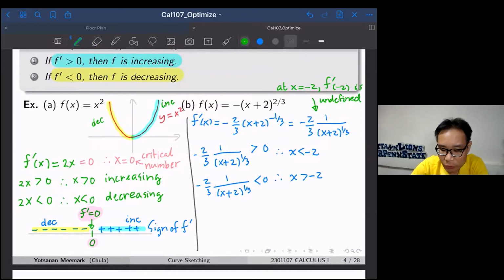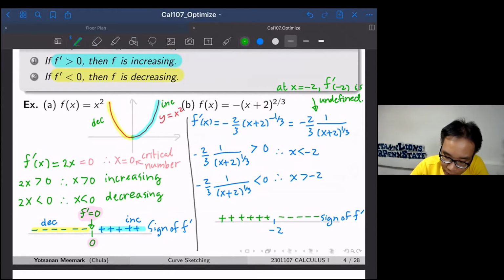If you sketch the curve like this and you have negative 2 in the middle, you get the sign of f prime. When x is less than negative 2, it's gonna be positive sign, and when x is more than negative 2, it's gonna be negative sign, and at this point f prime is undefined.